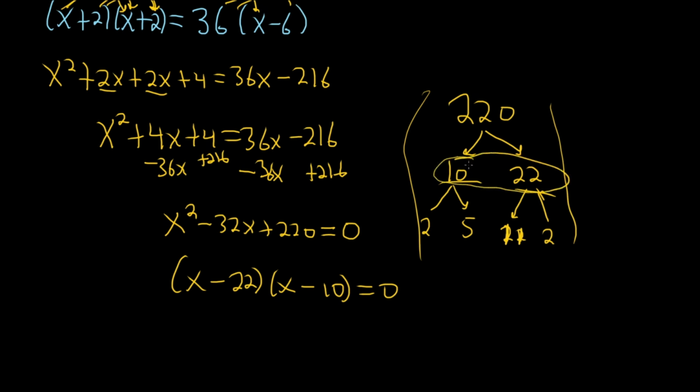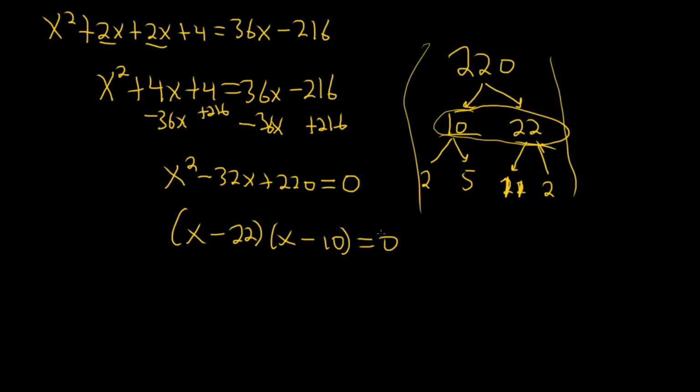A lot of times that happens with factoring. If you don't do a lot of factoring, maybe you're a little bit rusty, so that's okay. Eventually you figure it out. Just take the time you need to go through it. You have a product equal to 0, so you set each factor equal to 0. So x equals 22 and x equals 10.